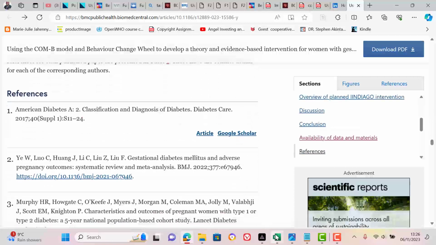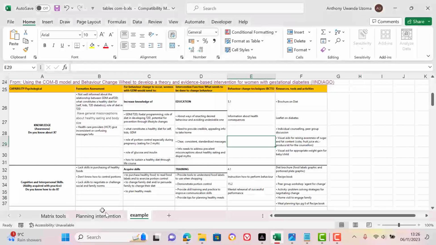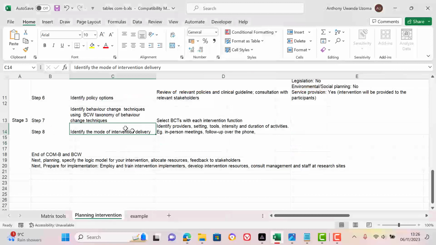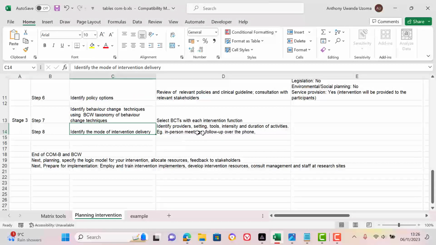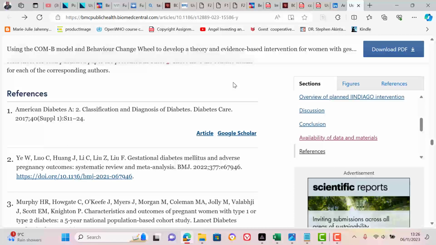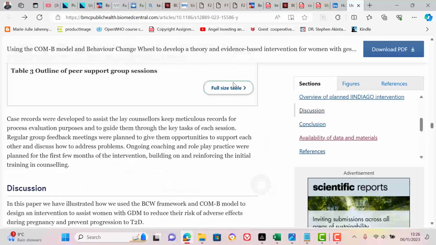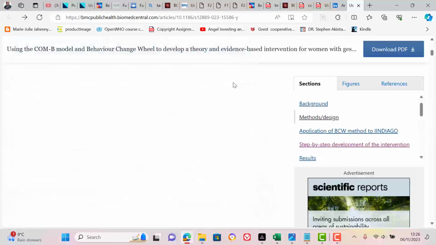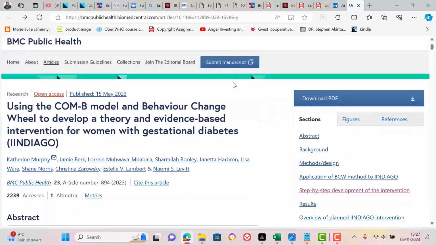I think the last step, okay, give me an example: identify the mode of intervention delivery. So, like I was saying, this example is from this author, Catherine Murphy.